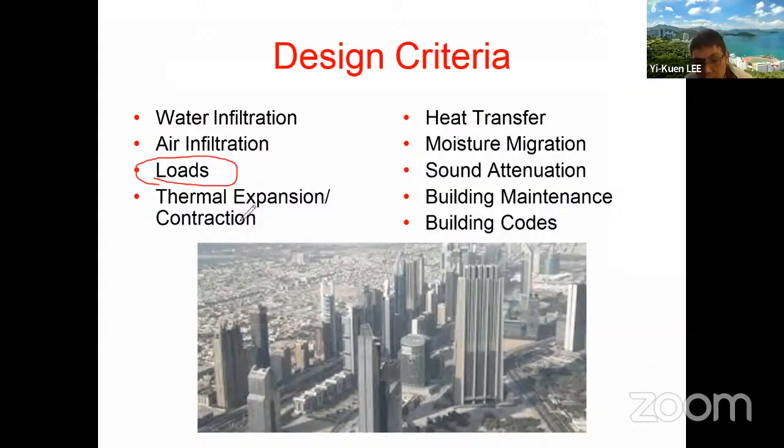Once you have very hot weather, and hot and cold in the summer, you may have thermal stress, thermal expansion and contraction, heat transfer, and many other things. Eventually all building design has to follow the building code of the different governments. This has become quite critical.